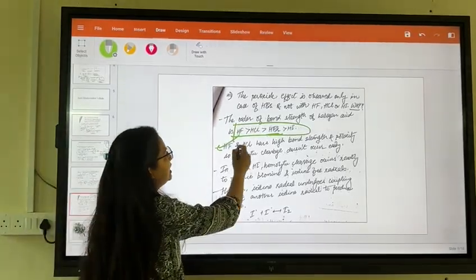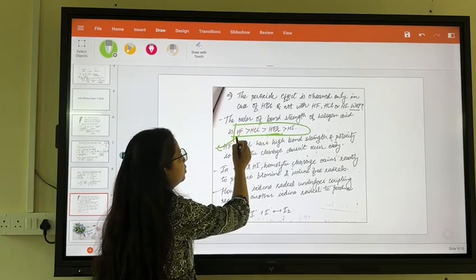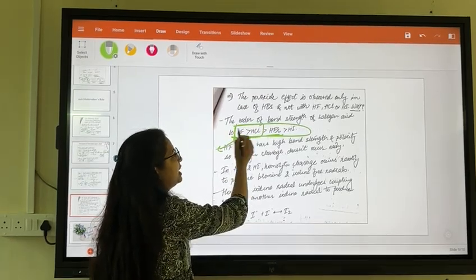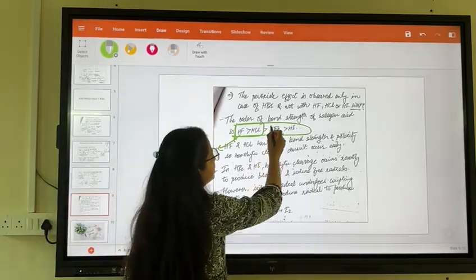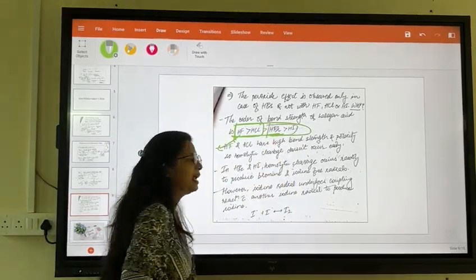Alright, so homolytic cleavage in these two HX, hydrogen fluoride and hydrogen chloride, is not possible. But it is possible in case of HBr and HI.